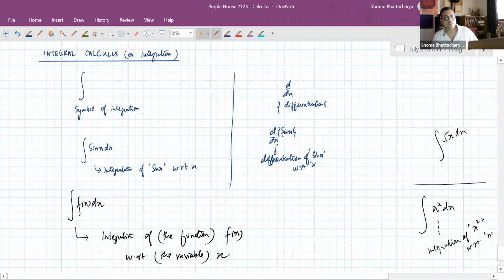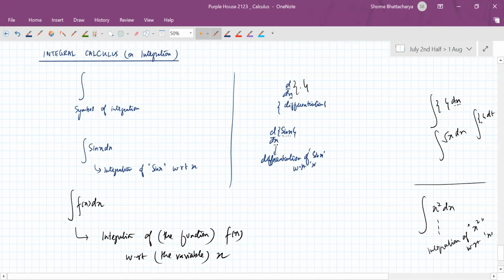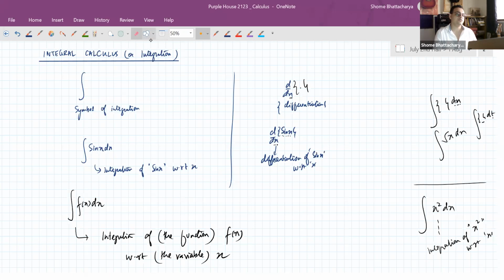So here we are differentiating the quantity inside this bracket with respect to x. Like that, when we write integration, there is some quantity into dx, so that means the variable of integration is x. Whereas if it is some quantity into dt, then we are integrating that quantity with respect to t and not with respect to x. So it is to tell us the variable with respect to which we are integrating. Is it clear?